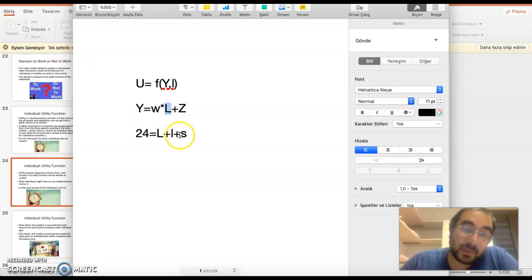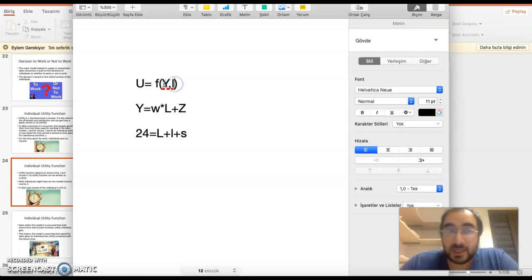But anyway, as a starting point, we are drawing utility in different curves, which represent different utility levels. So the two variables that give our individual utility are the income and the leisure level.